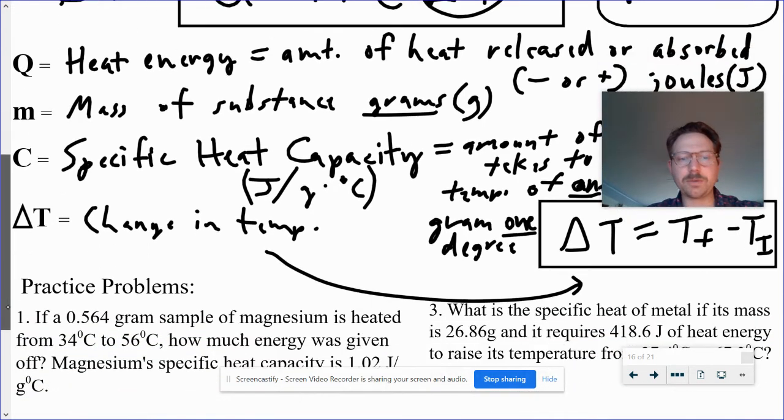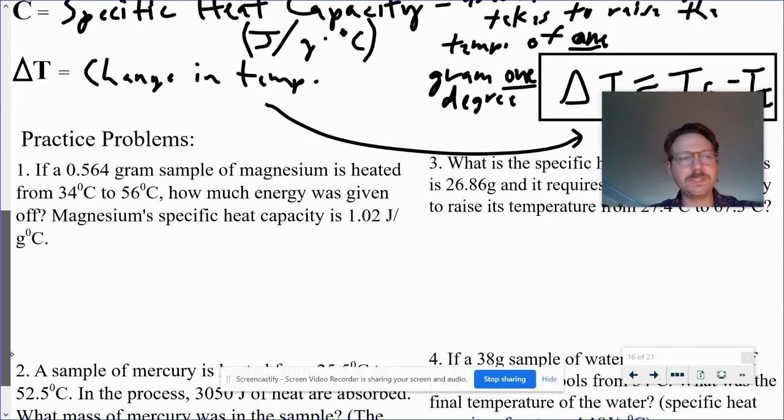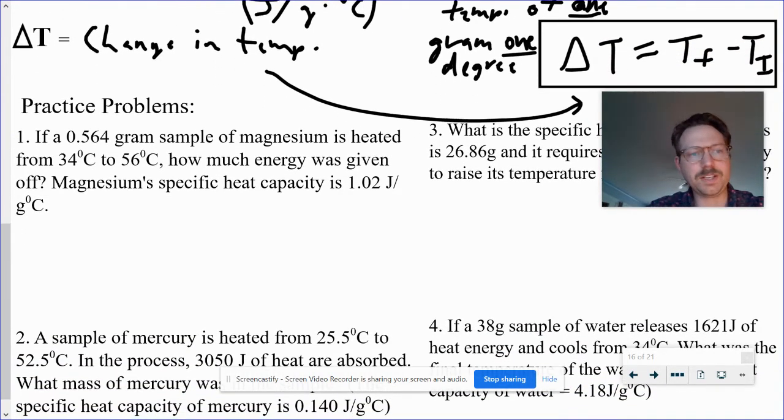So we have some practice problems here below. So let's try one of these here. So if we have 0.564 grams of magnesium and it's heated from 34 degrees up to 56 degrees, how much energy was given off? Magnesium's specific heat capacity is 1.02 joules per gram per degree Celsius. Well, so we want to try to figure out how much heat's given off, meaning that it's probably exothermic if it's releasing heat.